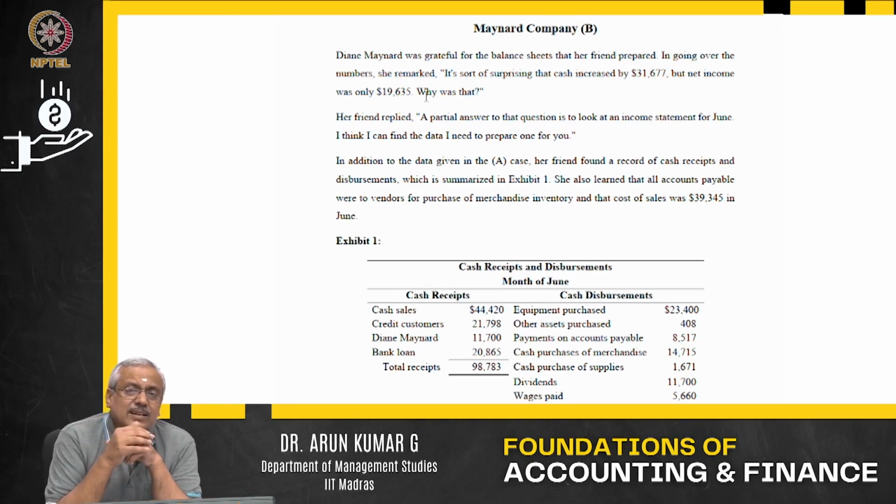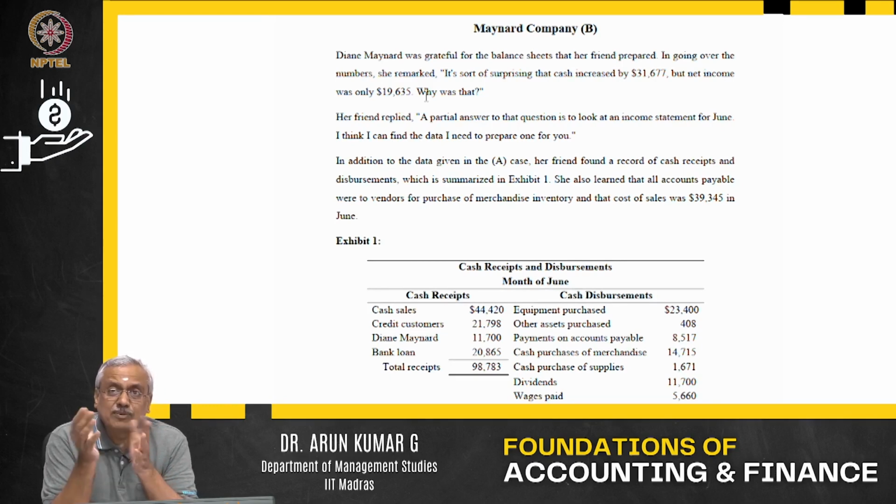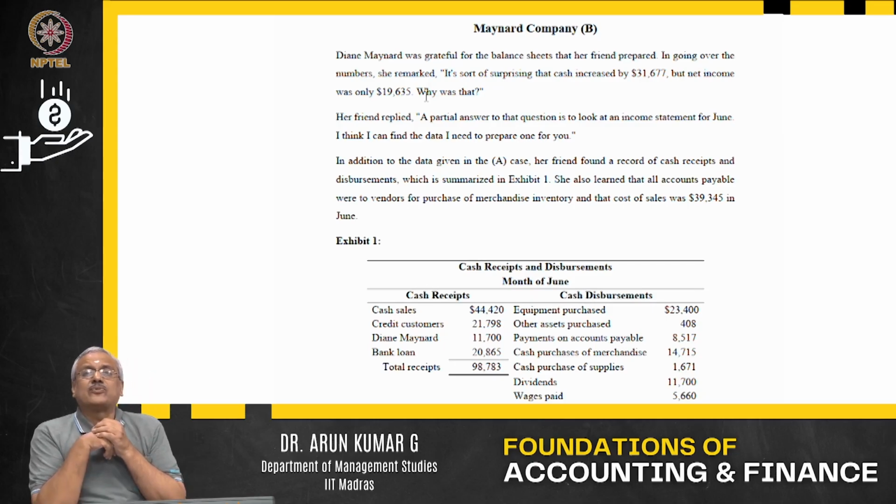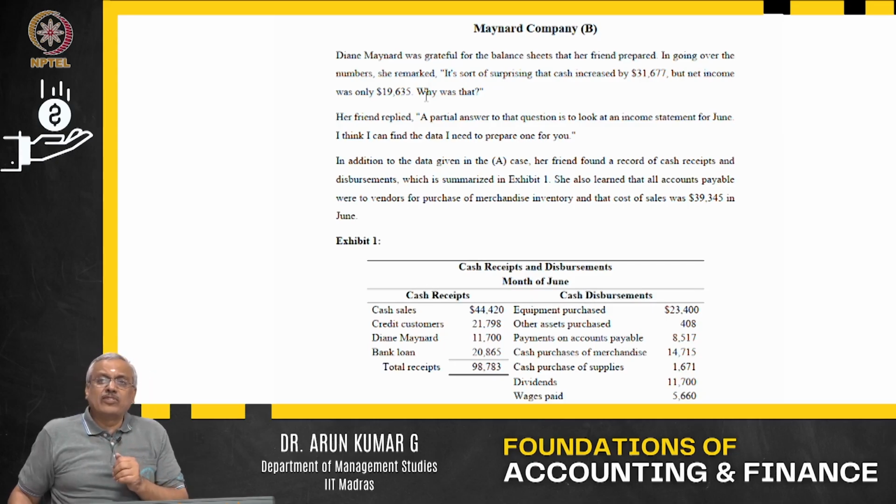Her friend replied, a partial answer to that question is to look at an income statement for June. I think I can find the data and prepare it for you. Let us prepare an income statement and see what is going on. For example, the profit will be so much, but the cash could be higher. Why?